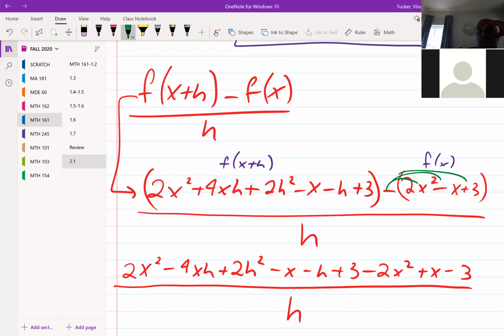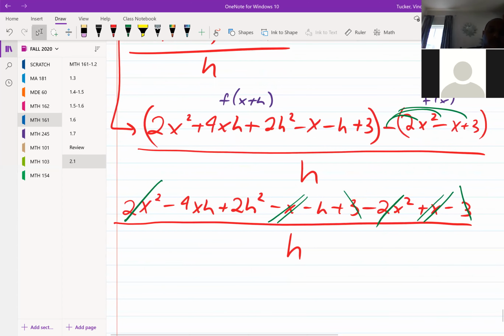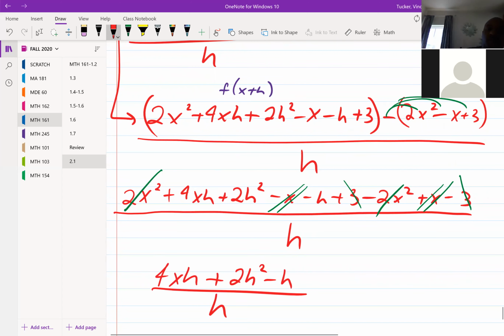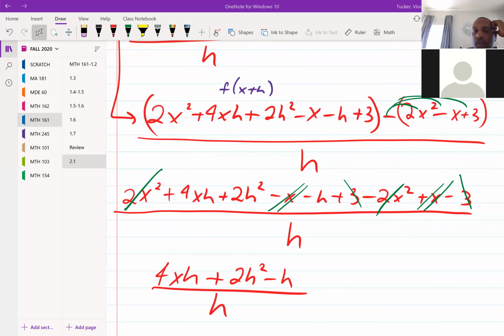Now we can cancel out like terms. We have 2x squared, that will cancel. x, that will cancel. Also 3, that will cancel. What is left is 4xh plus 2h squared minus h, over h. There are two 3's here, so 3 minus 3 will cancel out for us.